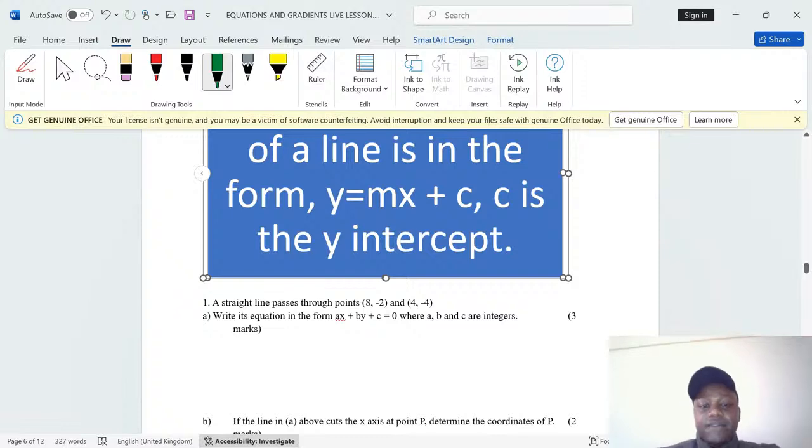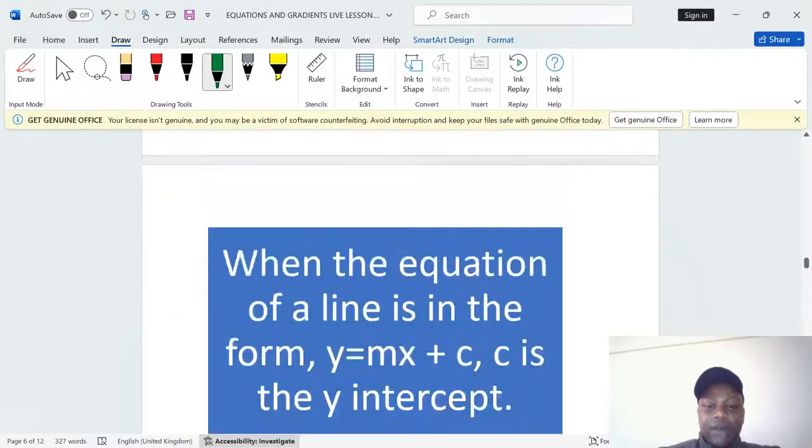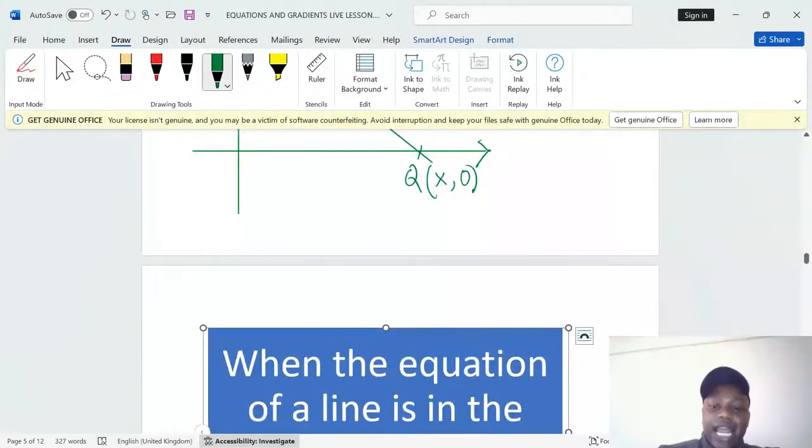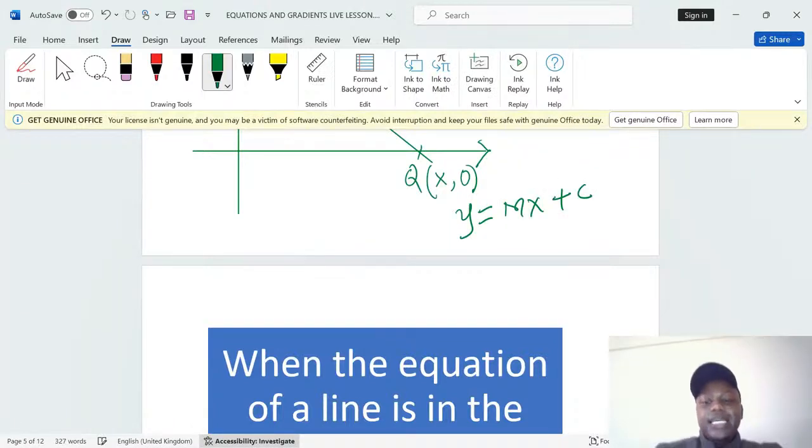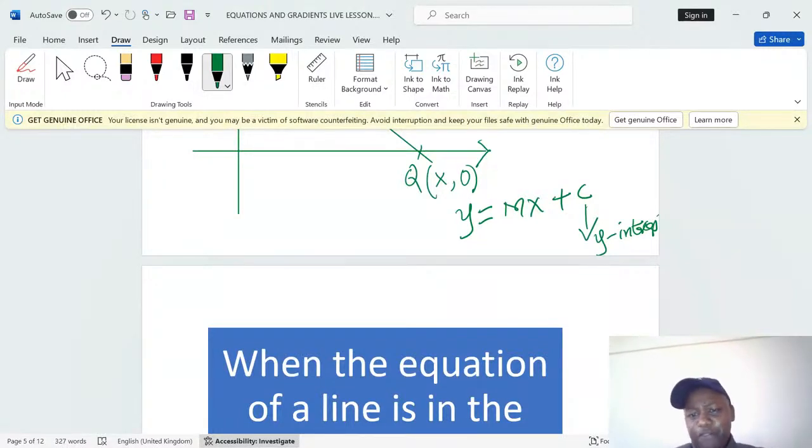Naturally, in such a format, whereby the line is in the form y equals mx plus c, we are saying this one is the y-intercept. Why do we say so? This is because at the y-intercept, the value of x is 0.